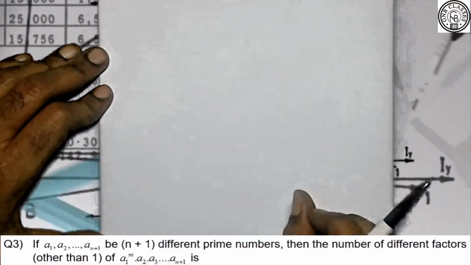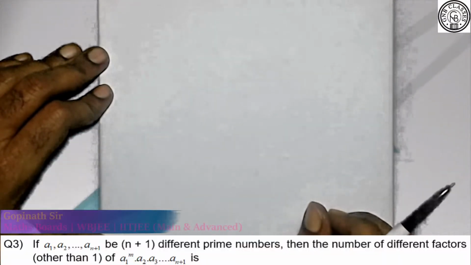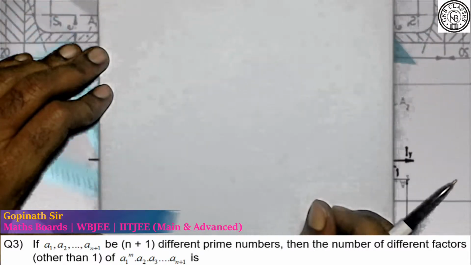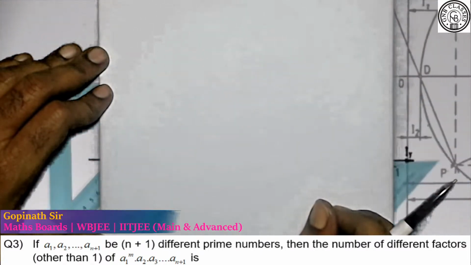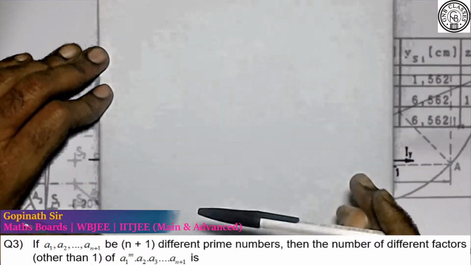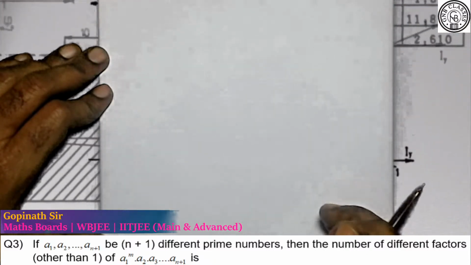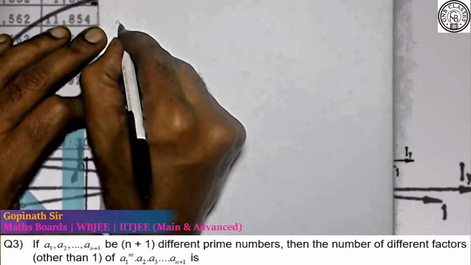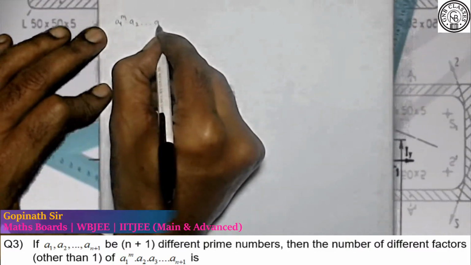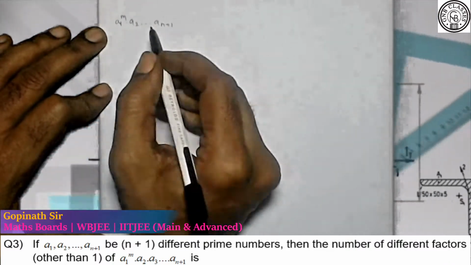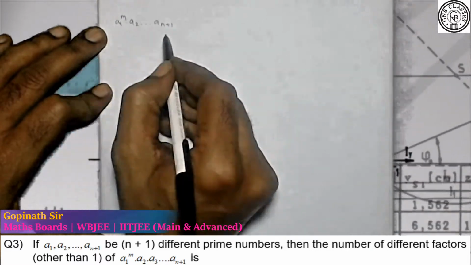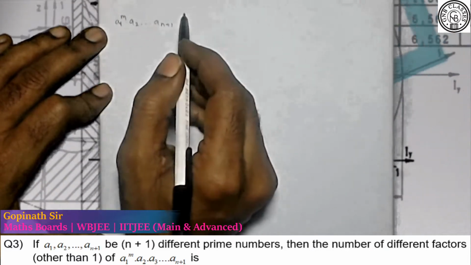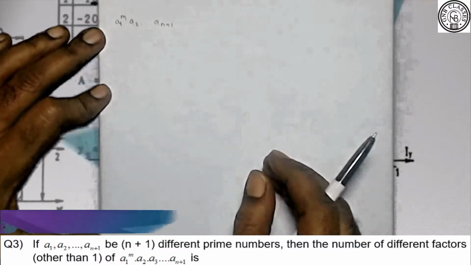In question number 3 we have been told that if a1, a2, a3 till an plus 1 be n plus 1 different prime numbers, then the number of different factors other than 1 of this number, which has been expressed as a product of their respective primes, is, and four options are given to us.